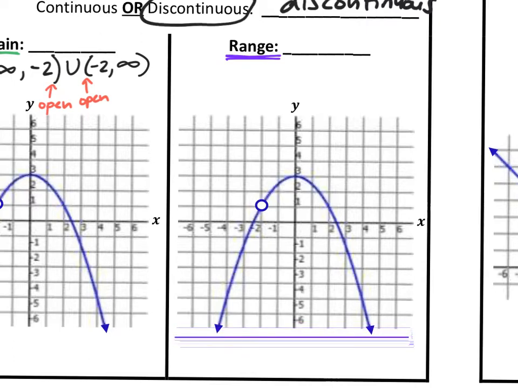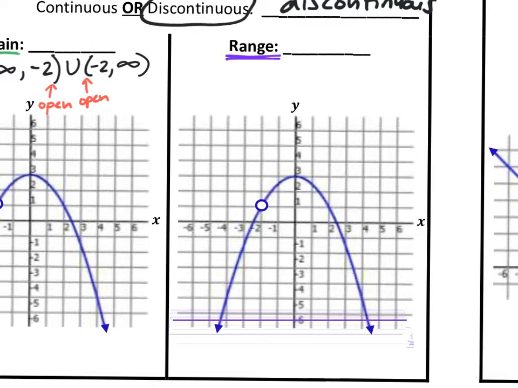And so how far to the bottom does the graph go? Well, the arrows say that it's going to go towards negative infinity. So I'm going to put negative infinity, parentheses.